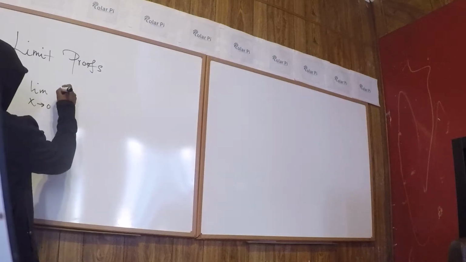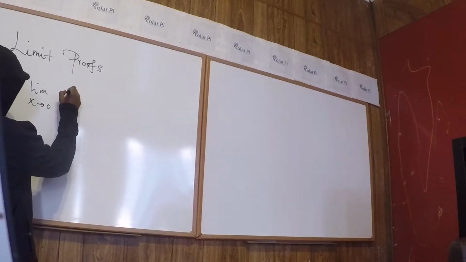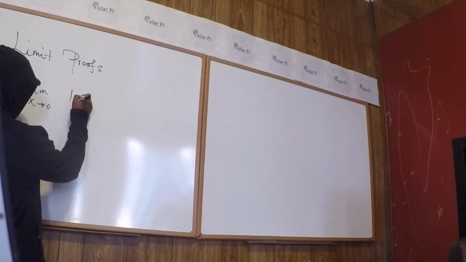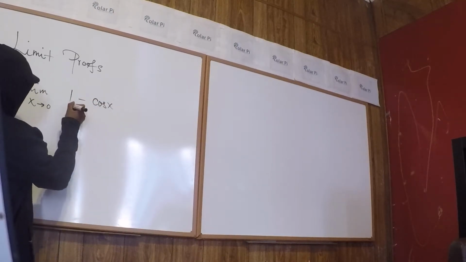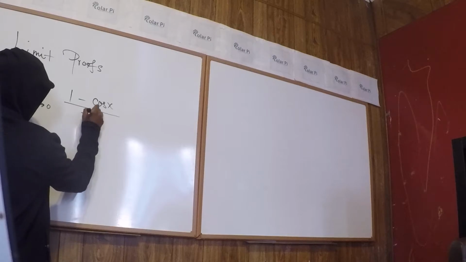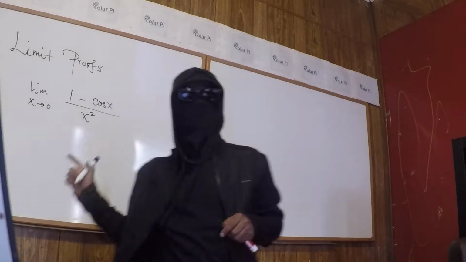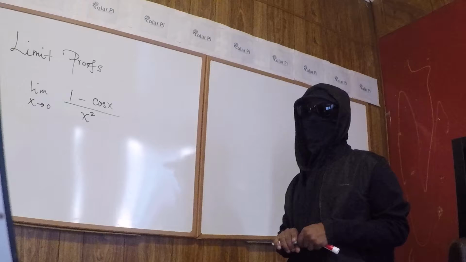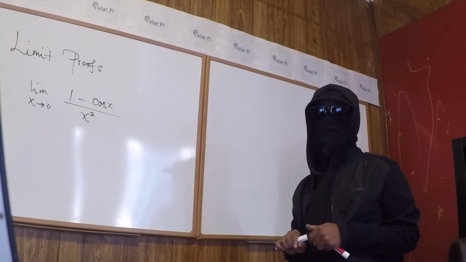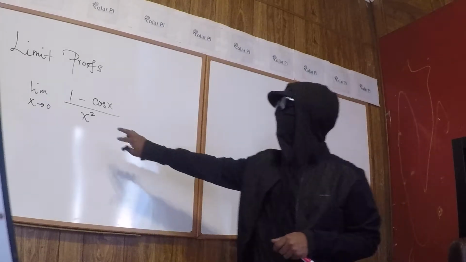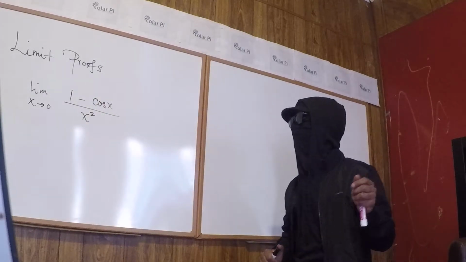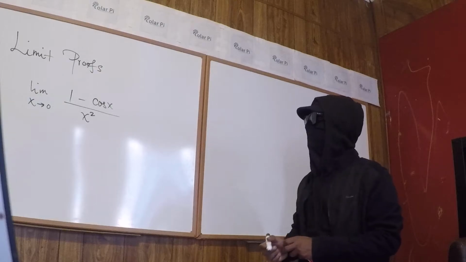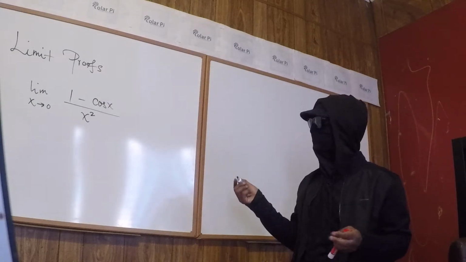This one is the limit as x goes to 0 of 1 minus cos x over x squared. The similar one is cos x minus 1 over x instead of over x squared, and it's the additive inverse of the numerator in that other video. Okay, so how do we do this?